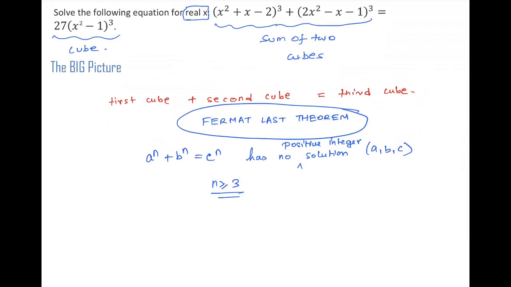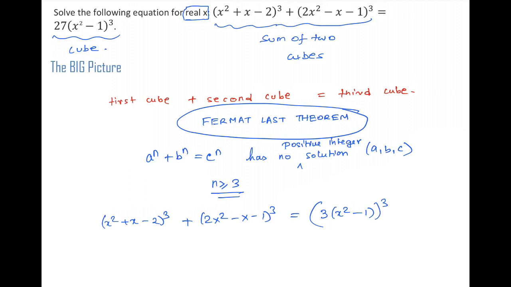So we have (x square plus x minus 2) whole cube plus (2x square minus x minus 1) whole cube equals 3 times (x square minus 1) whole cube, and we are trying to find out solutions.